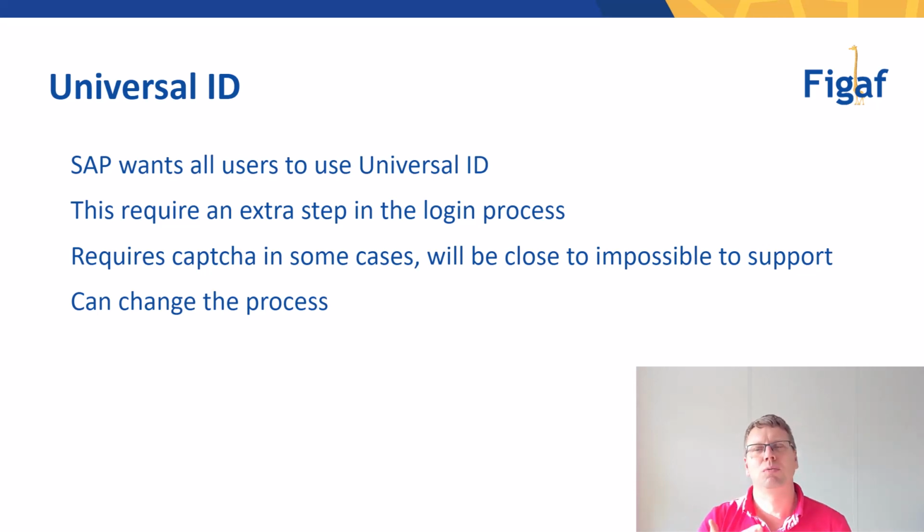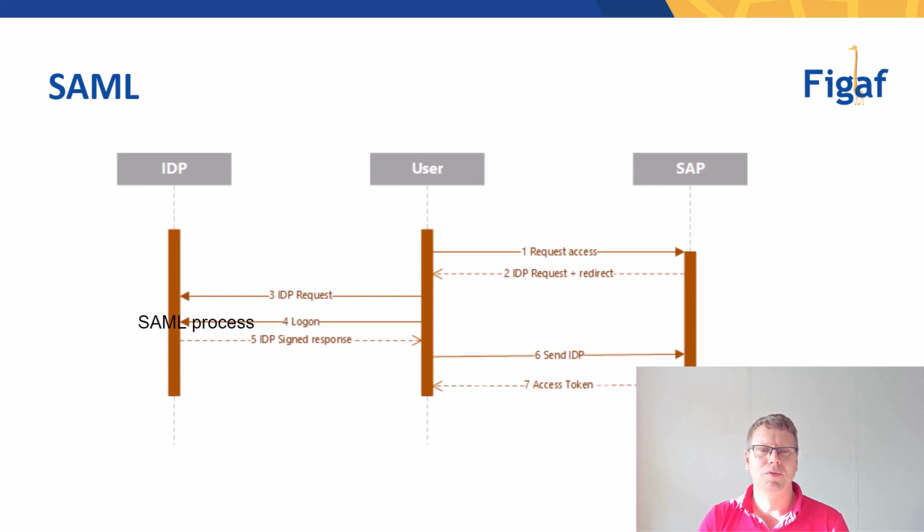So that is why we need a better way to handle this until the public API becomes better for our use cases. We've decided to use the SAML authentication process, and the way this normally works is that as a user you request an SAP resource, it sends you an IDP request that says this is the resource you want to access, give me some identifier for this, and then it has a redirect to the SAML process that has been set up.